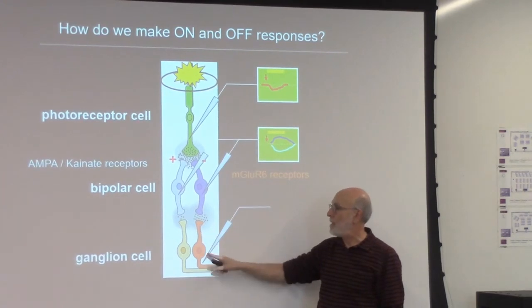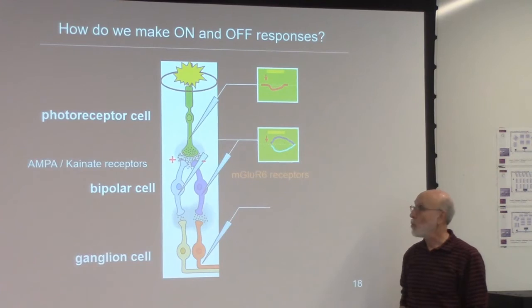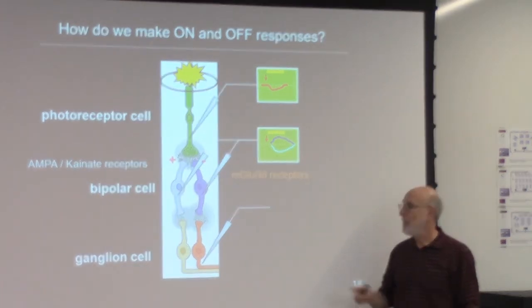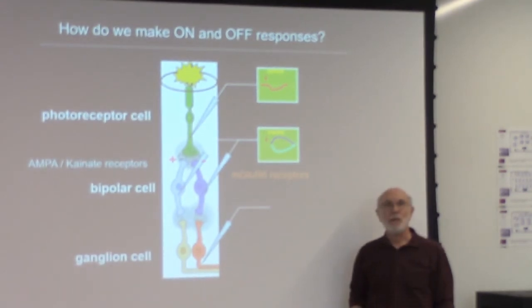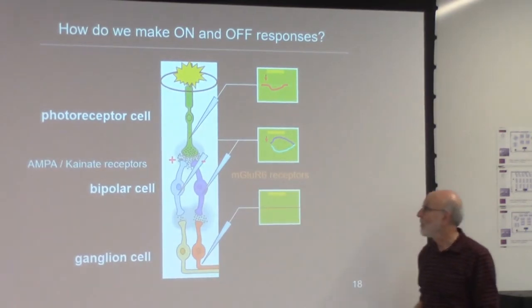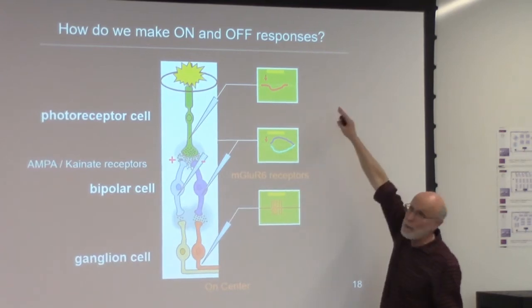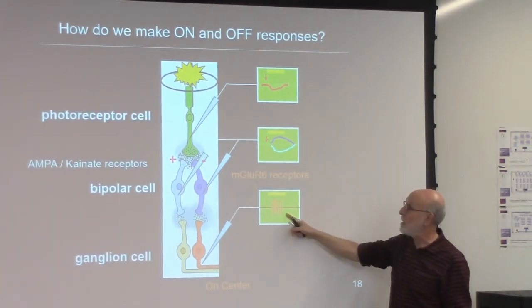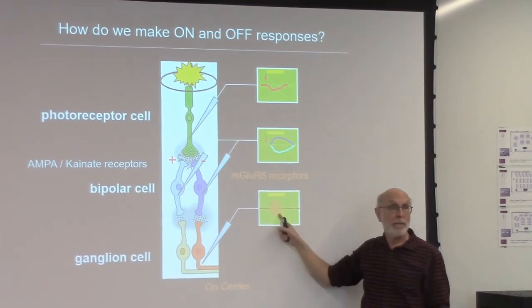So what's going to happen to this cell? It's going to depolarize, and this cell has an axon. So what's going to happen to its action potential frequency? Increase. Light on the photoreceptor cell causes an increase in this ganglion cell's action potential frequency.